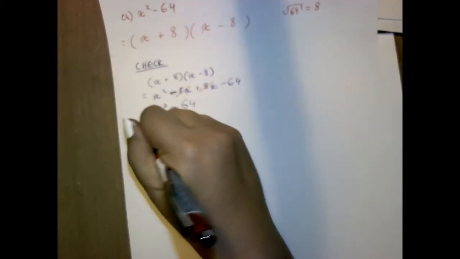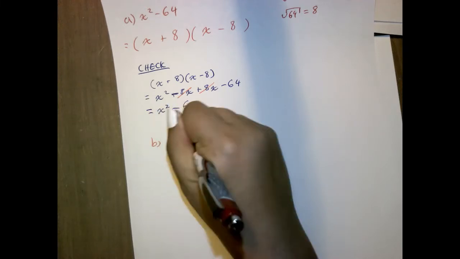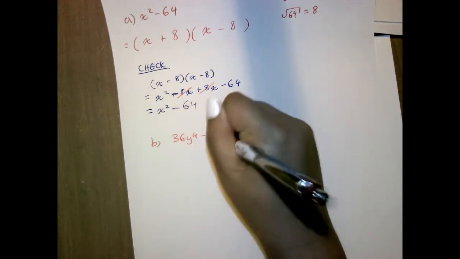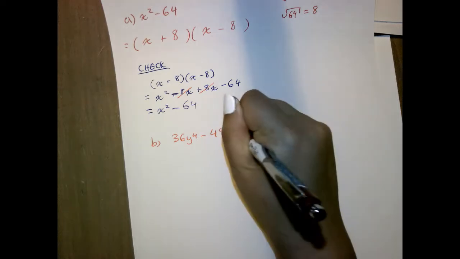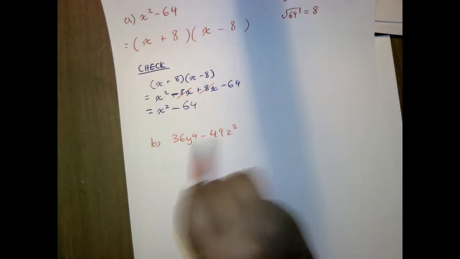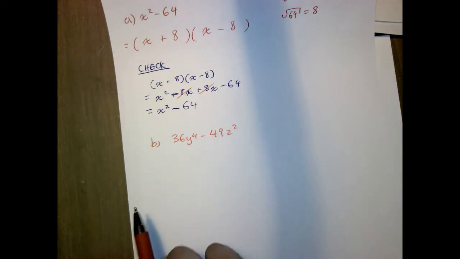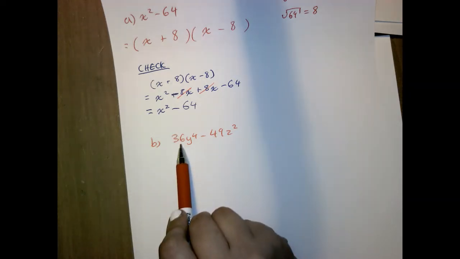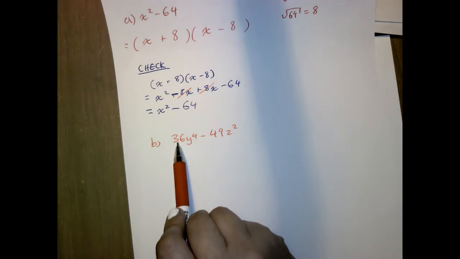So let's look at 36y to the 4 minus 49z squared. Now, we know that this is a difference of squares. First, because we know 36 is a square. It's 6 squared, right? 6 times 6 is 36.